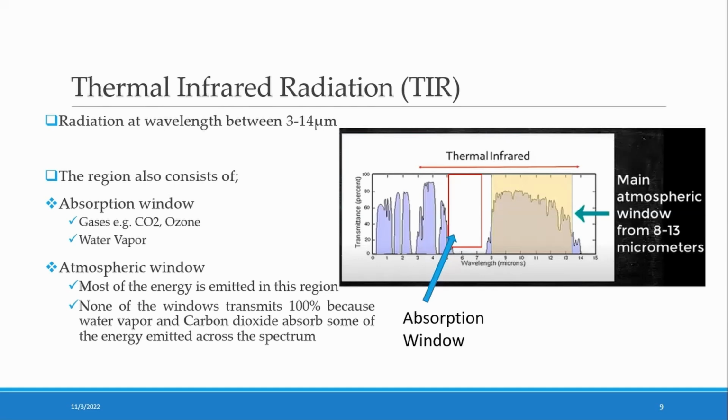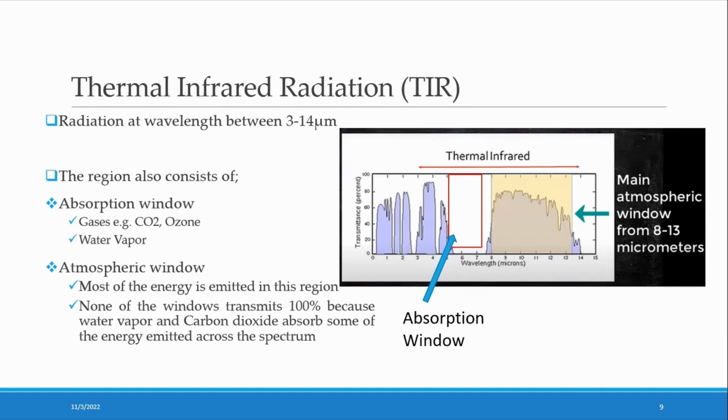Like you see on the image displayed, this is the thermal infrared region between 3 to 14 micrometers where thermal remote sensing takes place. But as you can observe, between around 5 to 7, there is absorption. So in that absorption window, we cannot have data being acquired, because much of the radiation is absorbed by gases and water vapor.